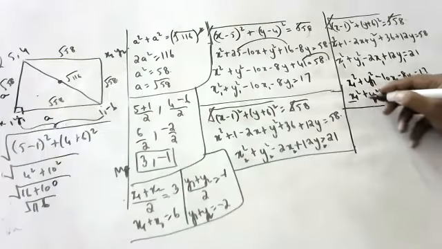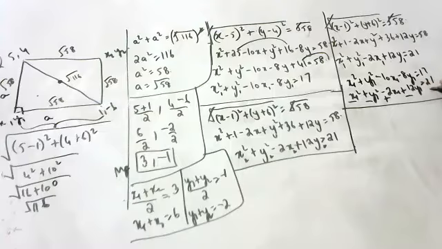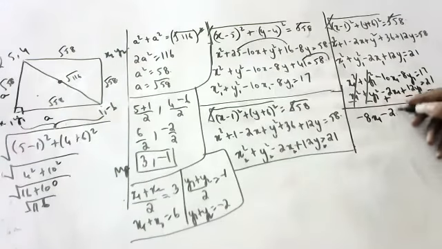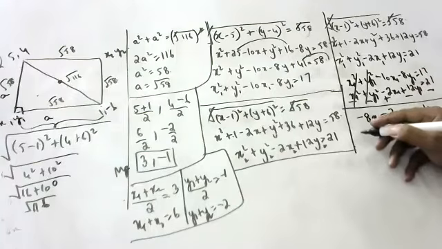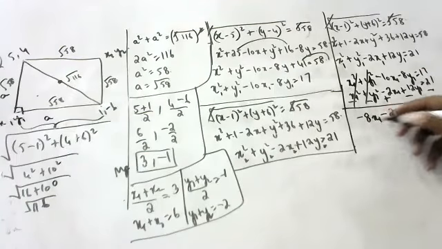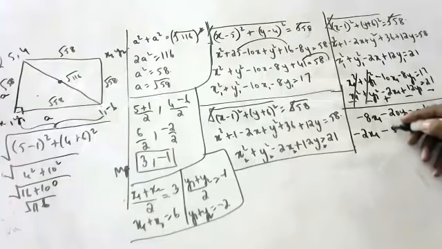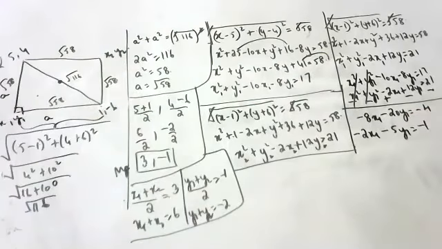Okay, children, this is minus, this is minus, this is plus, this is minus, this is minus. This and this are getting cancelled, children. So what you are getting, children, here: minus 8x1 minus 20y1 is equal to minus 4. If I divide everything by 4, children: minus 2x1 minus 5y1 is equal to minus 1, we are getting, children.